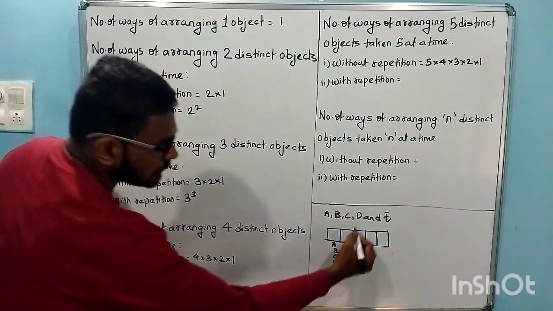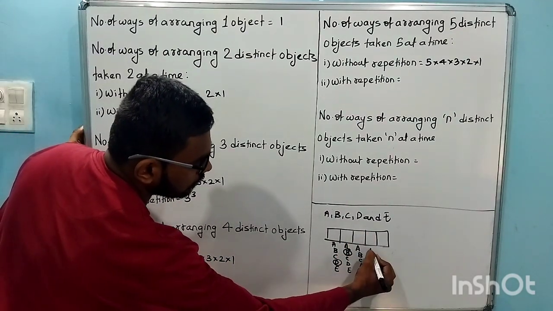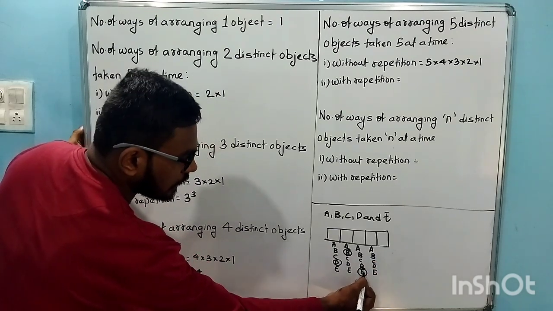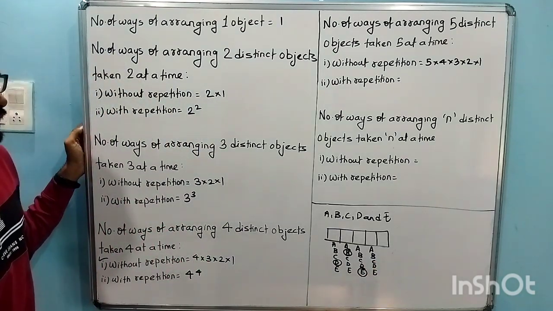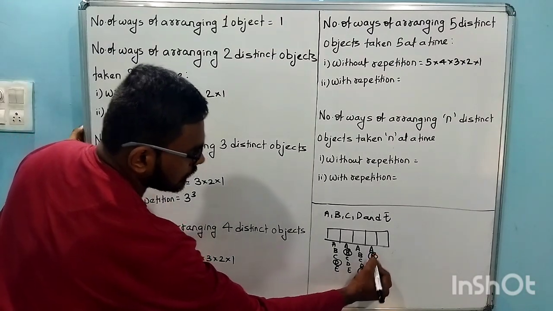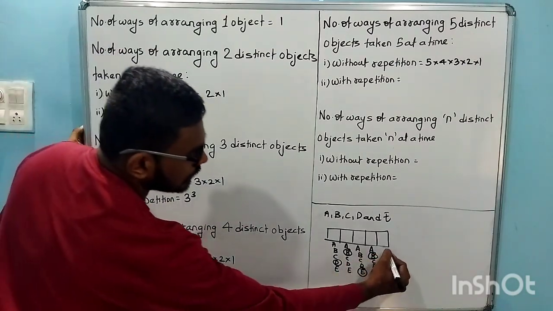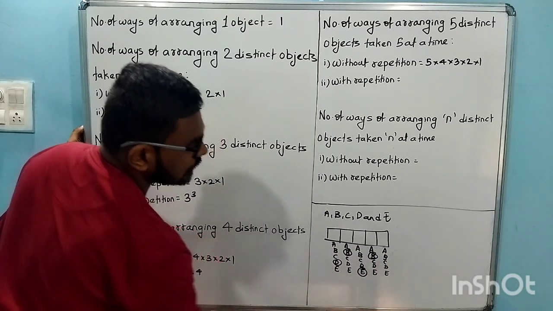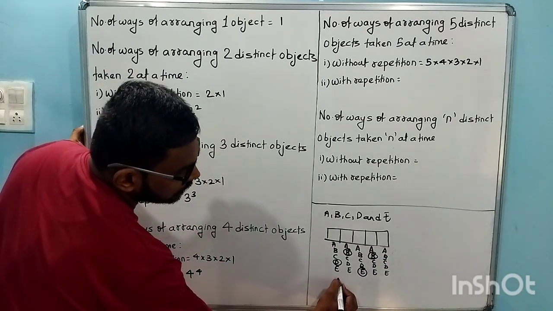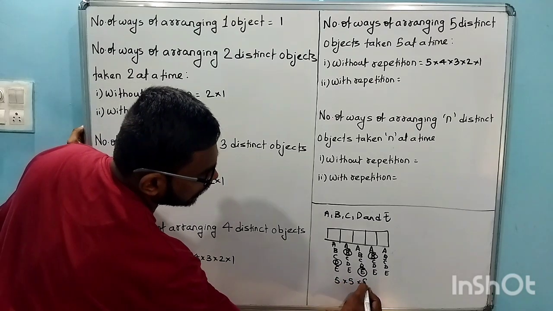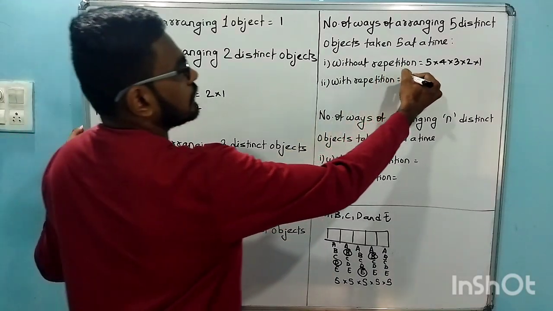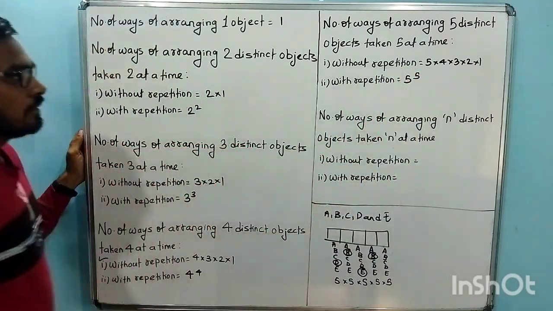Next, again any one of these I can select. For example, if I have selected this for the third place, then I can select that for the fourth place as well. Now again, for example, I have selected this for the fourth place, then I can select that for the fifth place as well. Like this, total 5 into 5 into 5 into 5 into 5. So 5 raised to 5.